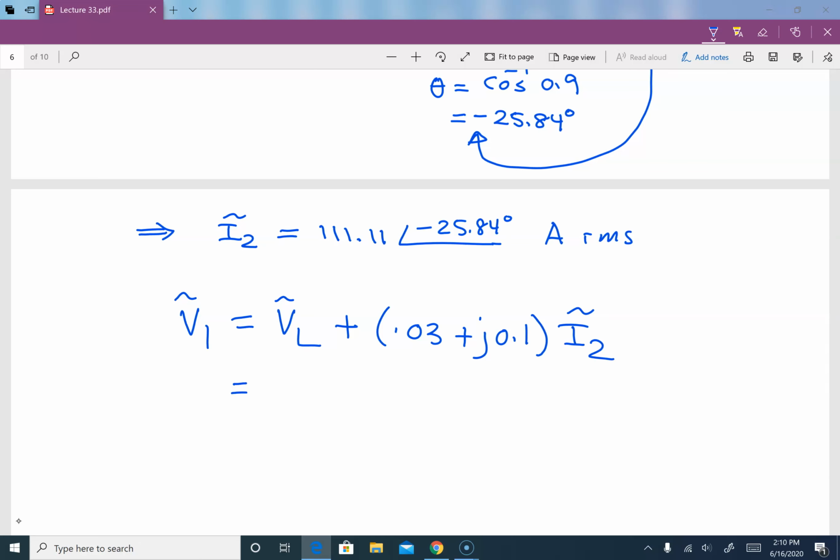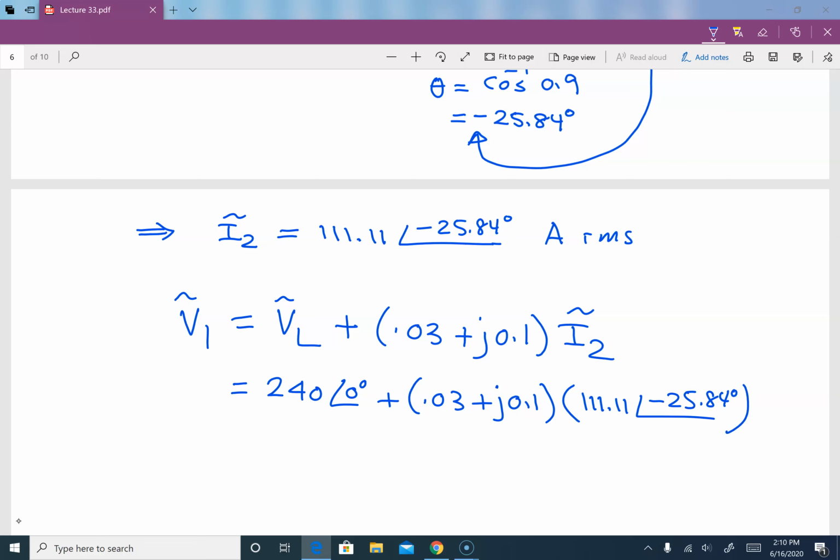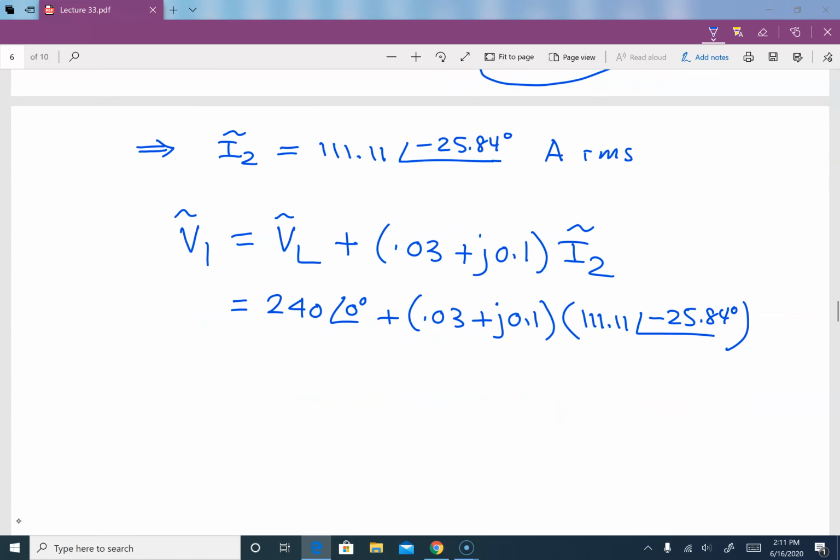Substituting, that is 240 with angle 0 plus (0.03 + j0.1) times 111.11 with angle negative 25.84 degrees, and the answer is 247.99 with angle 1.98 degrees volts RMS.